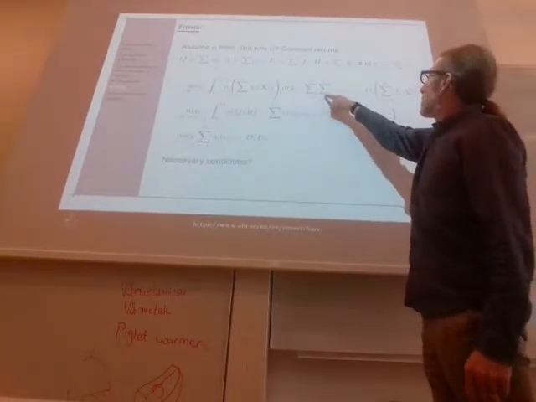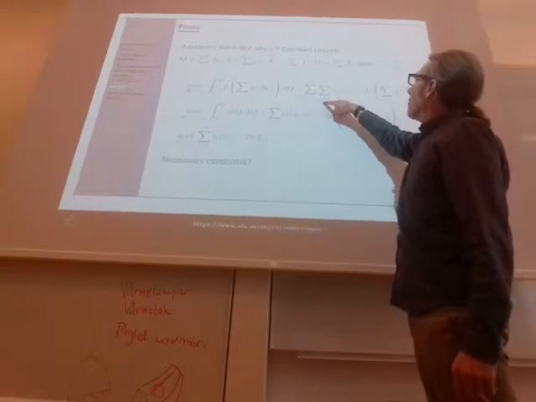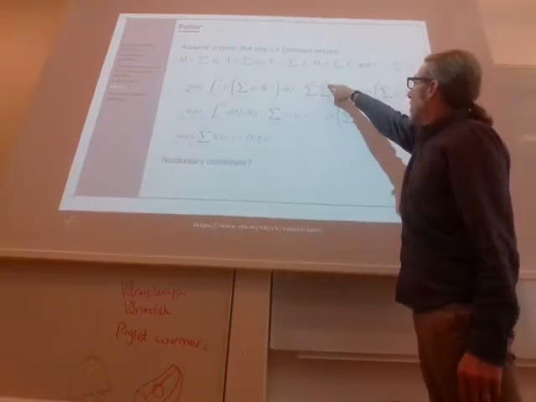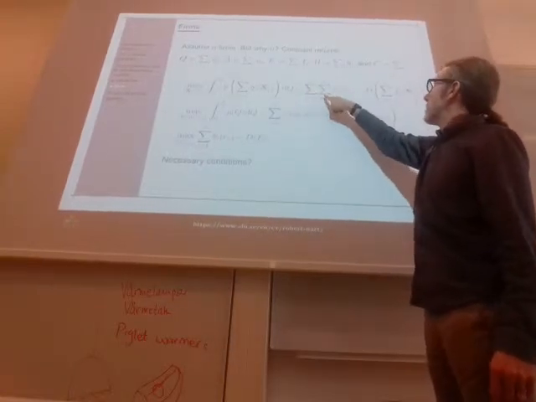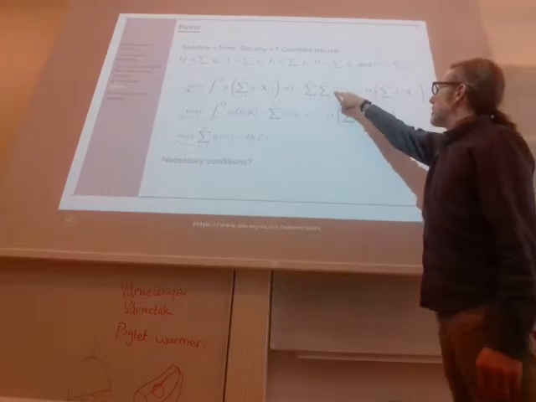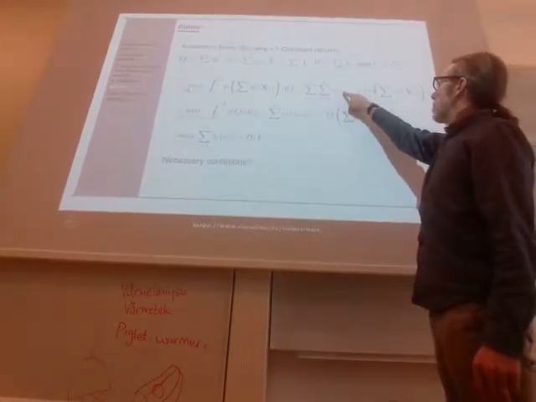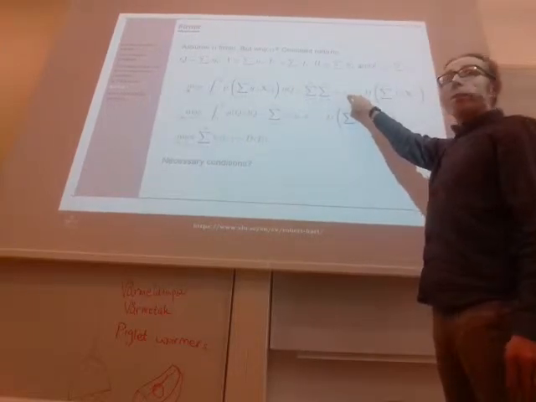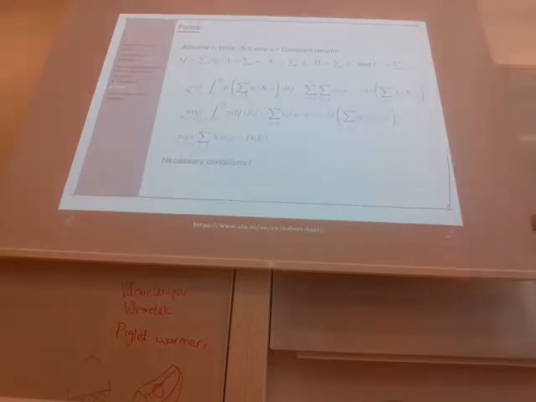minus the sum, now which is i and which is j? Yeah, j is indexing the different inputs and i is indexing the firms, isn't it? So Wj is the price of input j, Xij is the quantity of input j used by firm i, and we need the double summation to get everything.